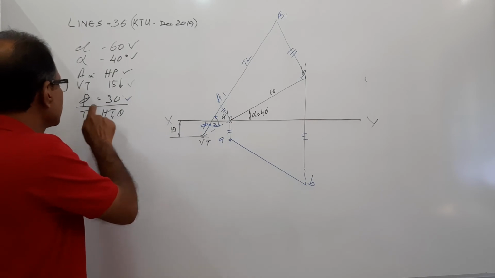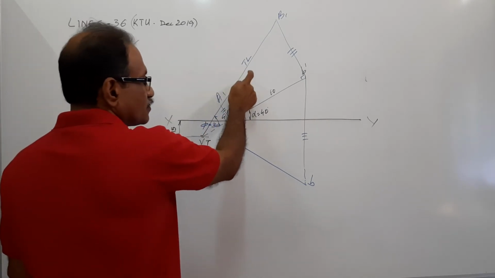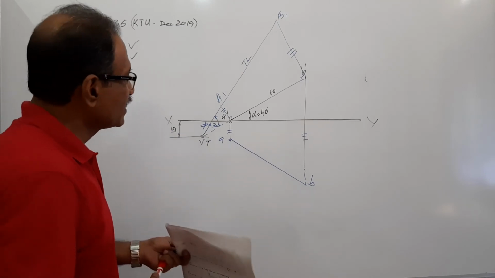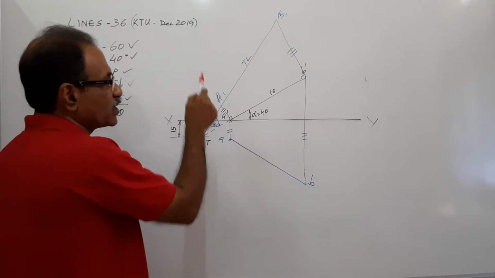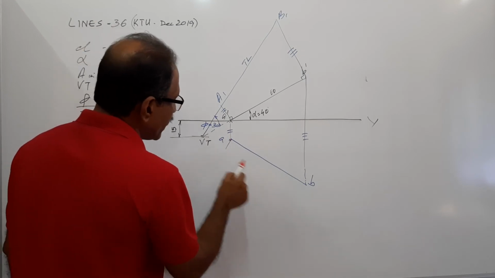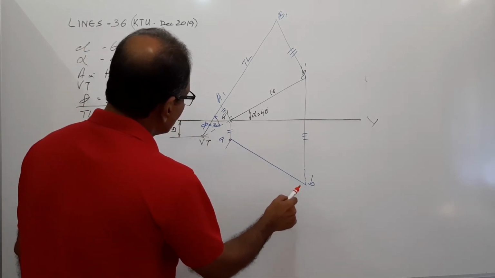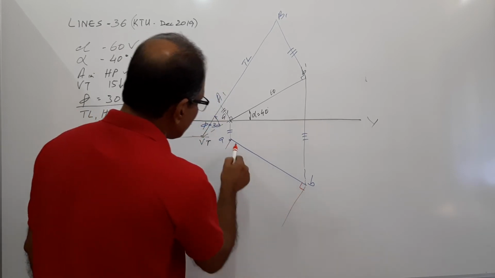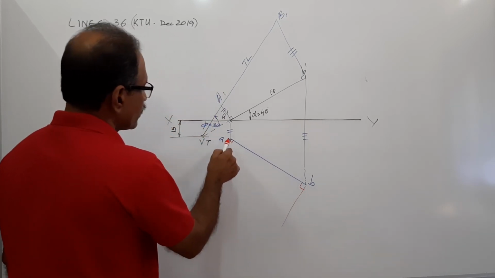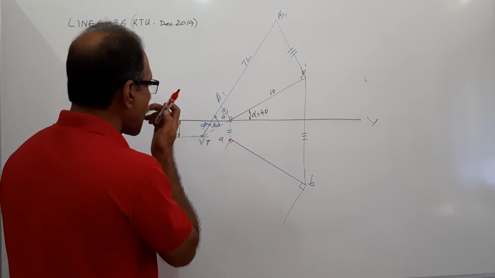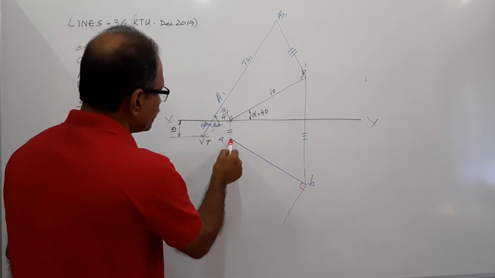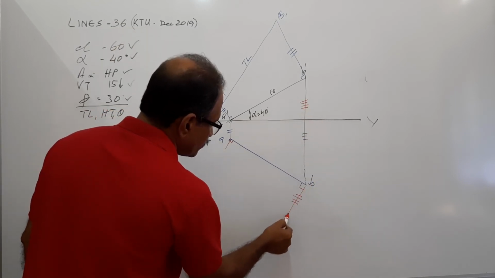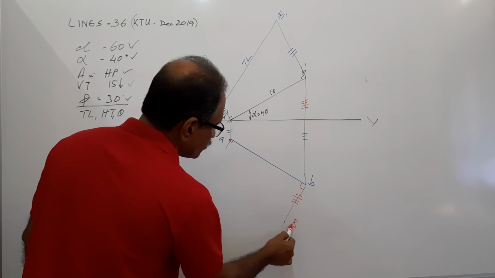You are asked to find out true length, HT and theta. This is true length. To find out HT and theta, since there is a trapezoidal construction visible on the elevation, preferably do one on the plan. B2.